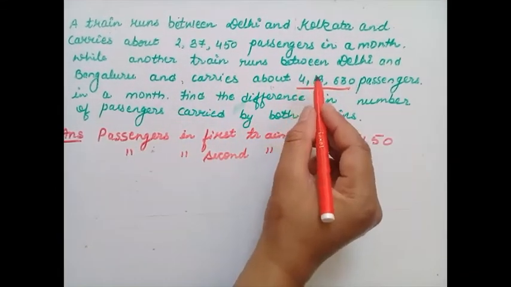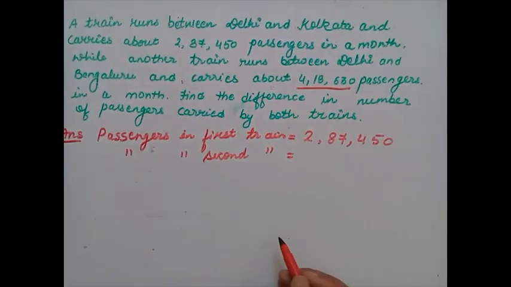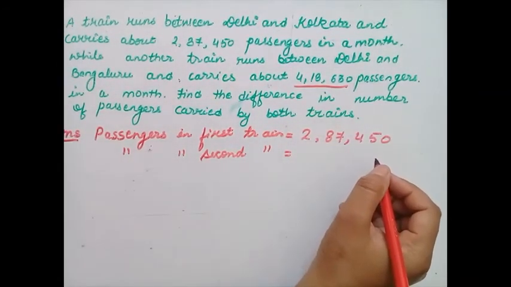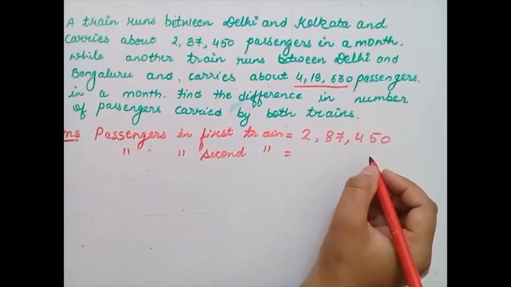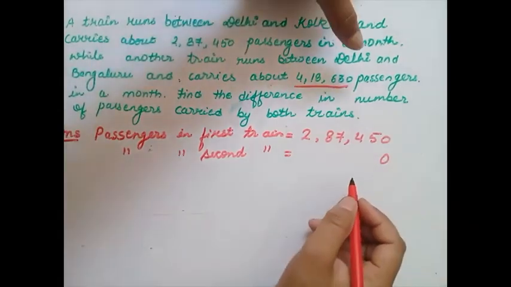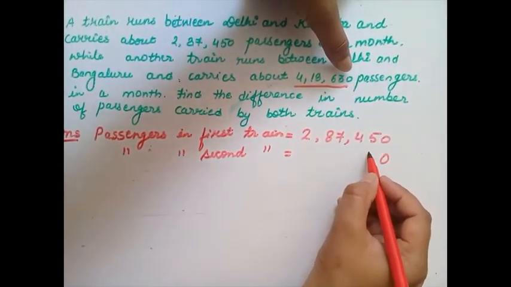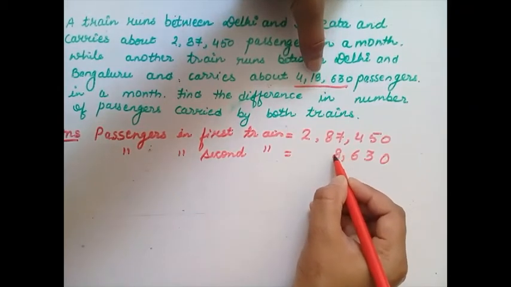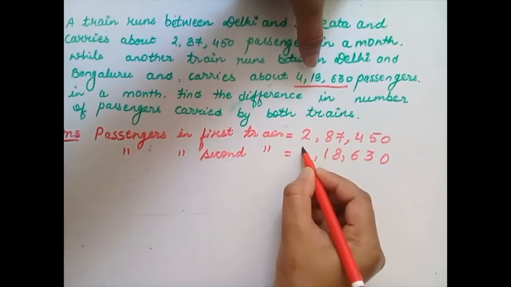This. So it's 4,18,630. Write this number from the opposite side so that it will be easy for you to solve. So 0 here and it's 3. So write 3 here, 6, then comma, 8, 1, comma and 4.